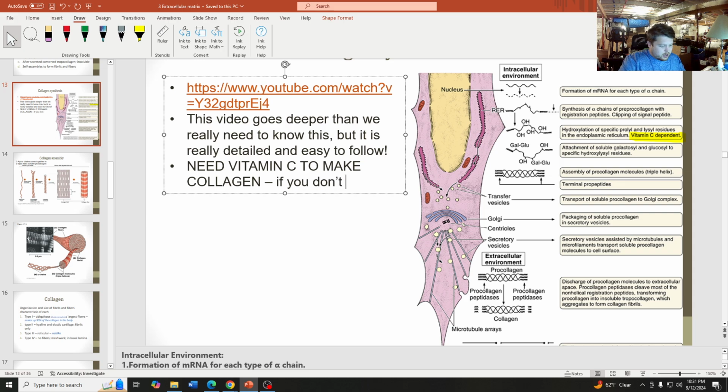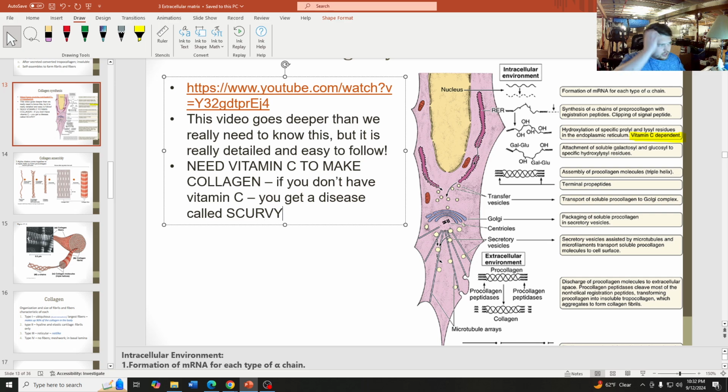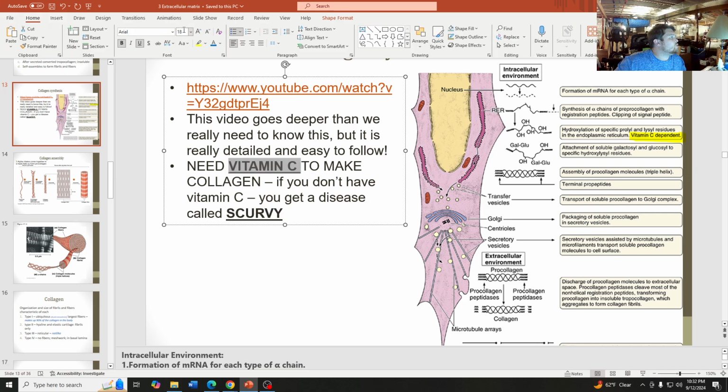If you don't have vitamin C, you get a disease called scurvy. You'll talk more about scurvy in Biochem 2, as well as in a bunch of pathology courses. But you need vitamin C in order to complete the next couple of steps to go from pre-pro collagen into the actual stuff that you need.